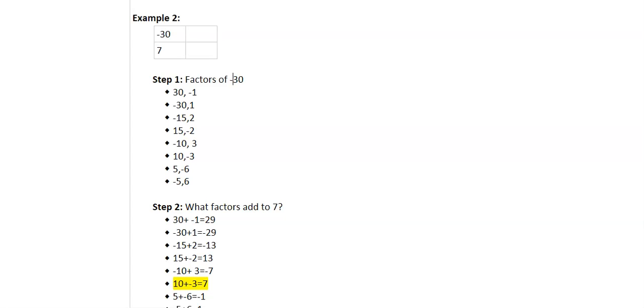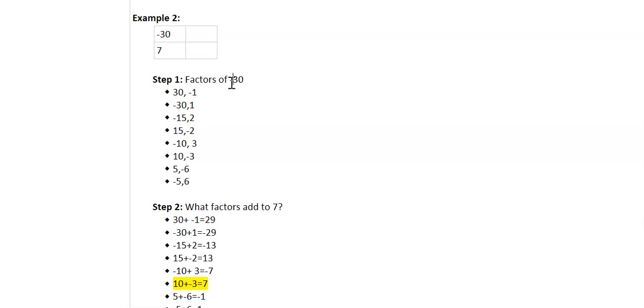So 30 times -1, -30 times +1, -15 times 2, +15 times -2, -10 times 3, +10 times -3, +5 times -6, and -5 times +6 are all our factors of -30.